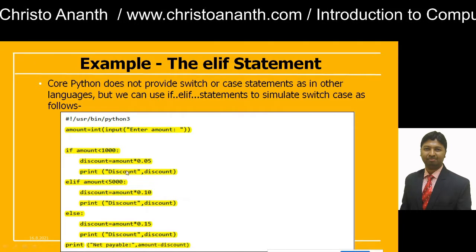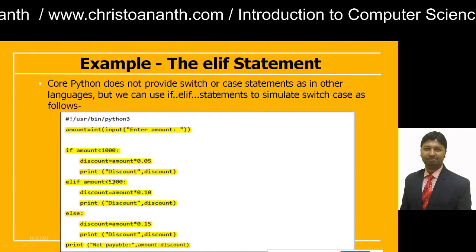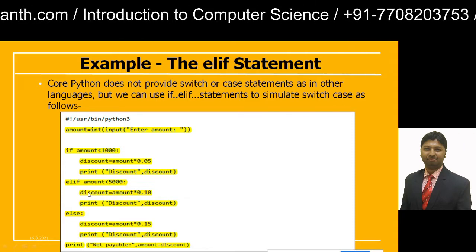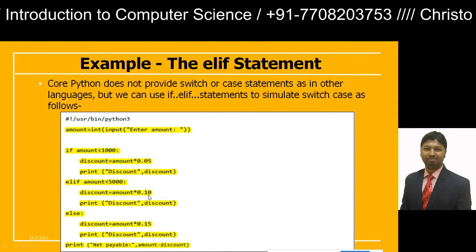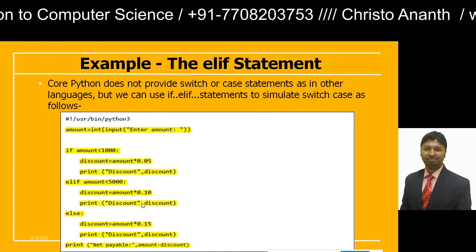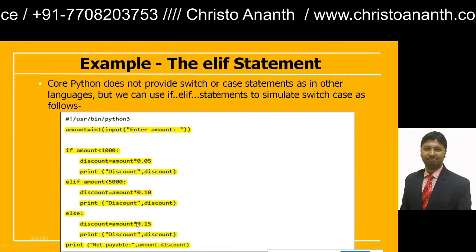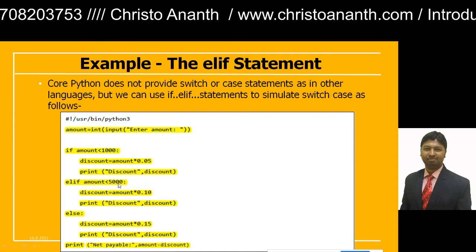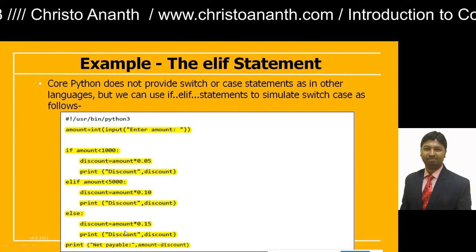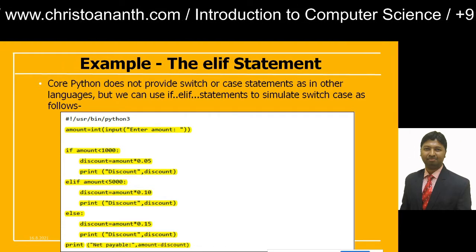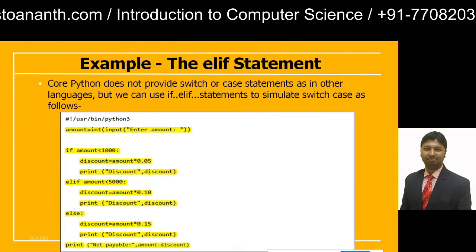Then print discount. If the amount is less than 5000, you give a discount of amount into 0.10, and print the discount. Else, discount is equal to amount into 0.15, which means that if the amount is greater than 5000, you give a 15% discount. Did you understand? If the amount is less than 1000, it is a 5% discount.